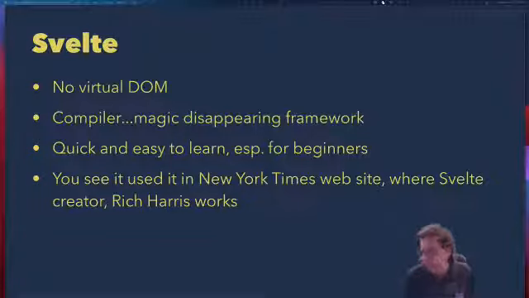They like to call it the magic disappearing framework, because different than React and Vue, which both use a thing called a virtual DOM, which when React came out with it was quite groundbreaking. Everyone had always done jQuery, and you find a DOM element, you just poke things on it and watch it change.